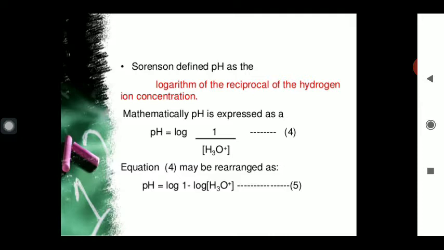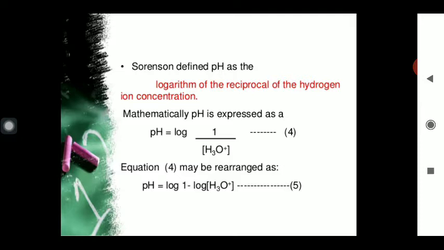As soon as the H positive ion is formed in the solution, it immediately combines with the water molecule, because in water the oxygen atom has lone pairs of electrons. The H positive ion formed by any acid immediately combines with the water molecule by a dative bond and forms the stable H3O positive ion.